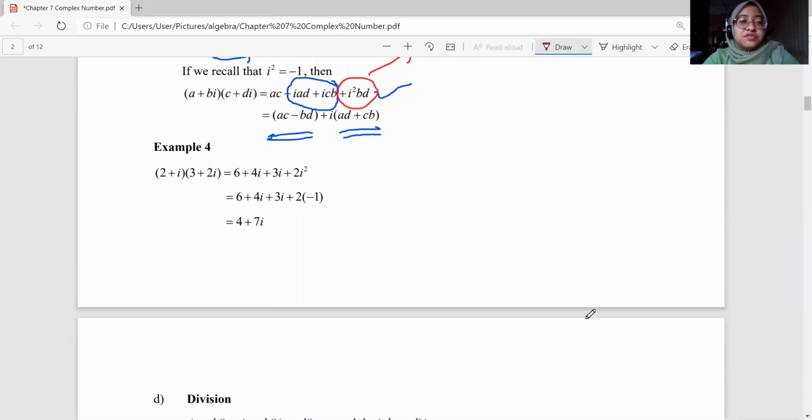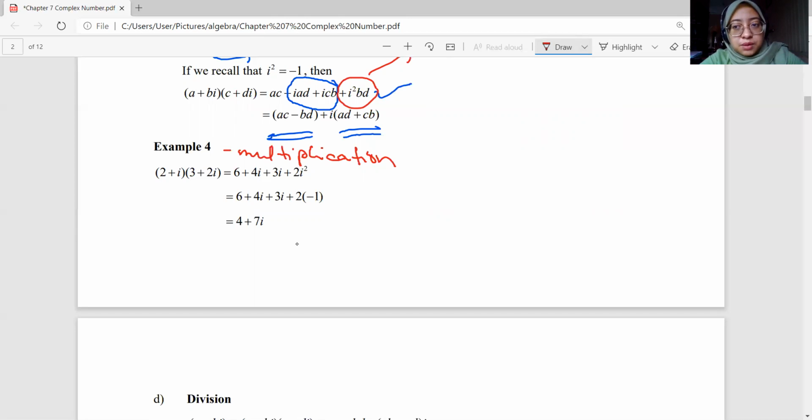Alright, so example 4. Example 4 involves multiplication. So 2 plus I times 3 plus 2I. So you have to expand the bracket, and then you get 6 plus 4I plus 3I plus 2I square.